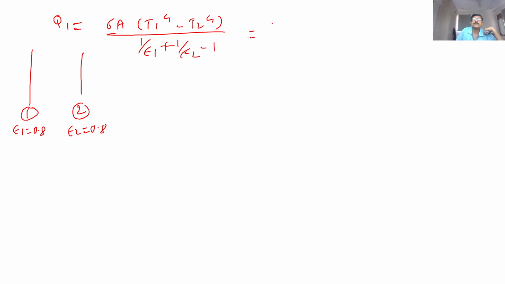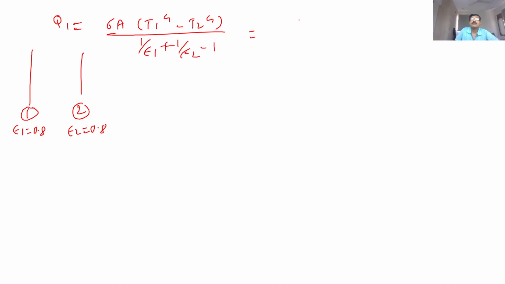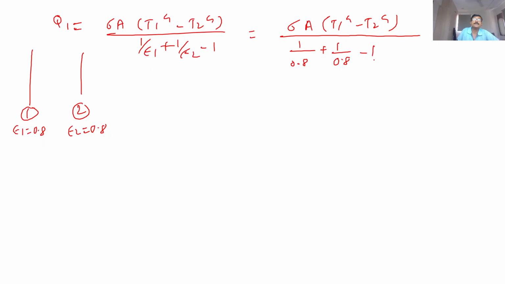No values are given for the temperatures, so I will keep the numerator as it is: sigma A (T1 raised to 4 minus T2 raised to 4), because no values are mentioned for T1, T2 and A. Then 1 by 0.8 plus 1 by 0.8 minus 1.